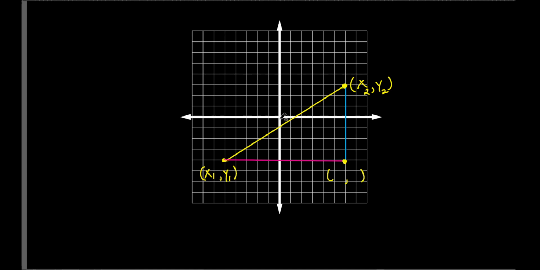How far over did I go from here to here? x1's down here, though. I went over x2, didn't I? You see that? Because look, how did I get to this point? I went over this far, and I went up this far. So how far over did I go? I've got my point. I went over x2.